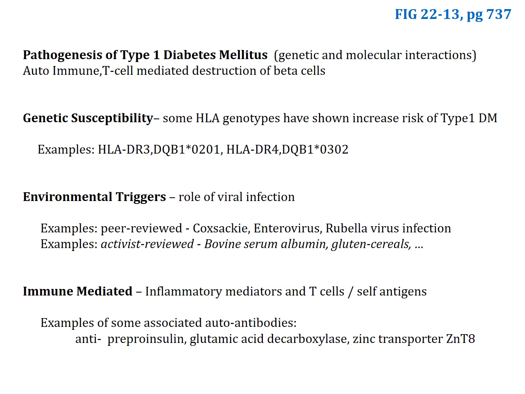If you take an individual with type 1 diabetes and you look at their blood, you can find certain autoantibodies: antibodies targeting pre-proinsulin, antibodies targeting a decarboxylase enzyme, an enzyme which is necessary in the synthesis of insulin, and antibodies targeting a zinc transporter protein referred to as ZnT8.